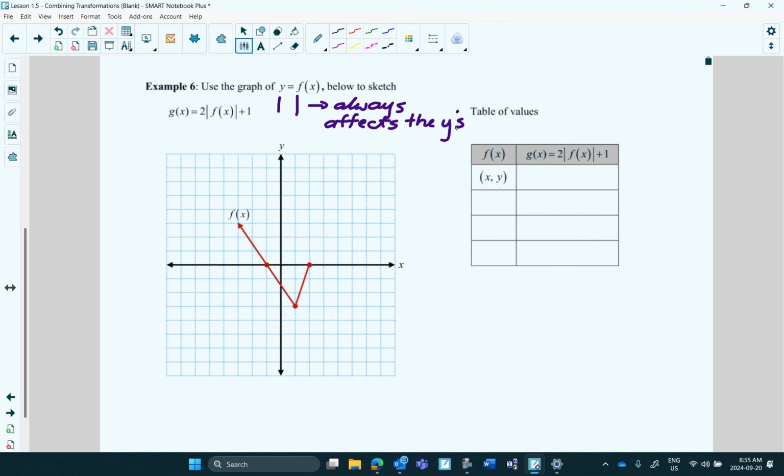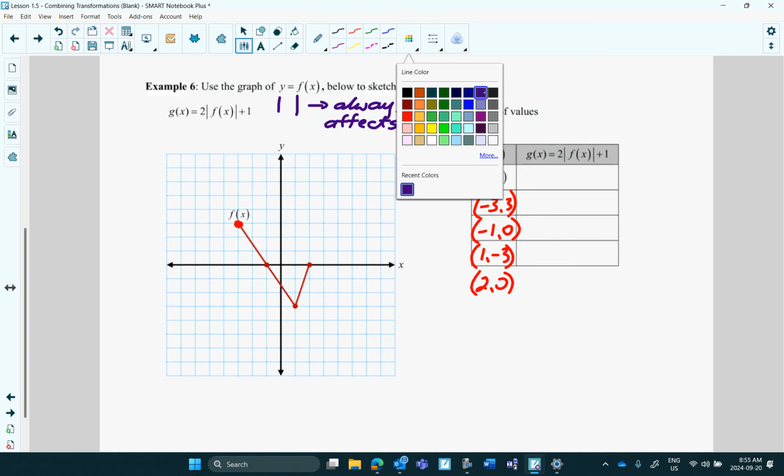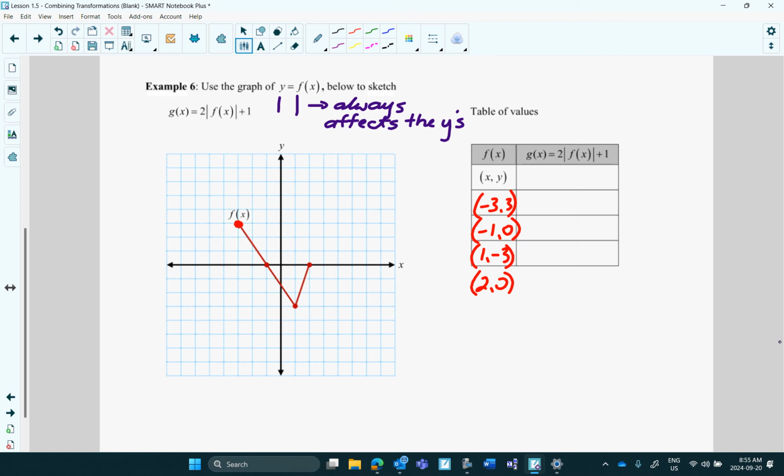So if we look at this, first of all, let's get our reference points. I'm actually going to add one here. So I'm going to go negative 3, 3, negative 1, 0, 1, negative 3, and 2, 0. Okay.